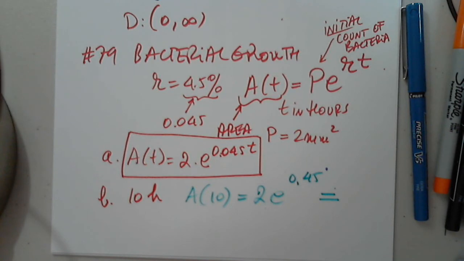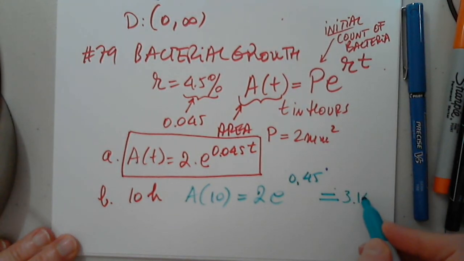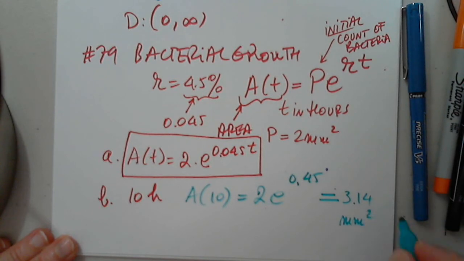So 2 times e to the power 0.45. Okay, 3.1366. So I'm going to write 3.14, and this is in millimeters squared.